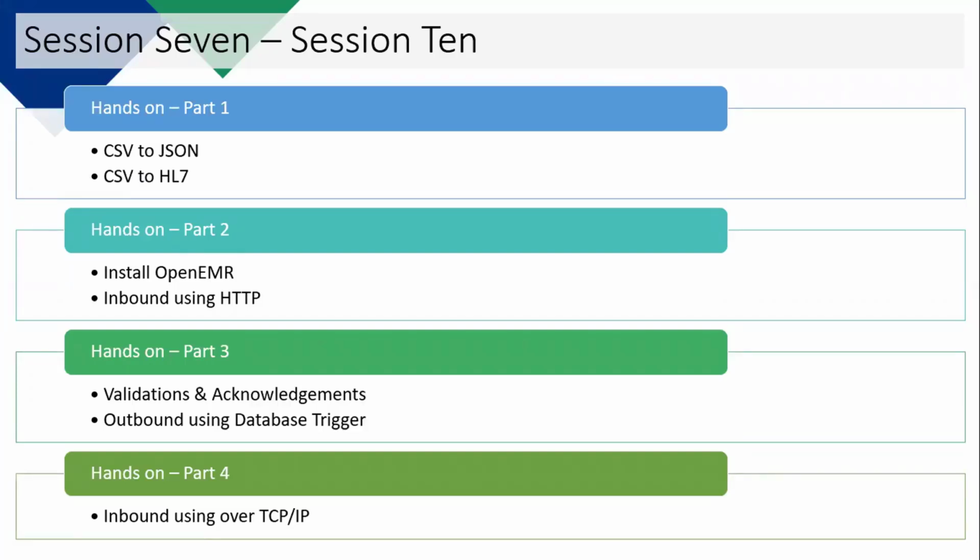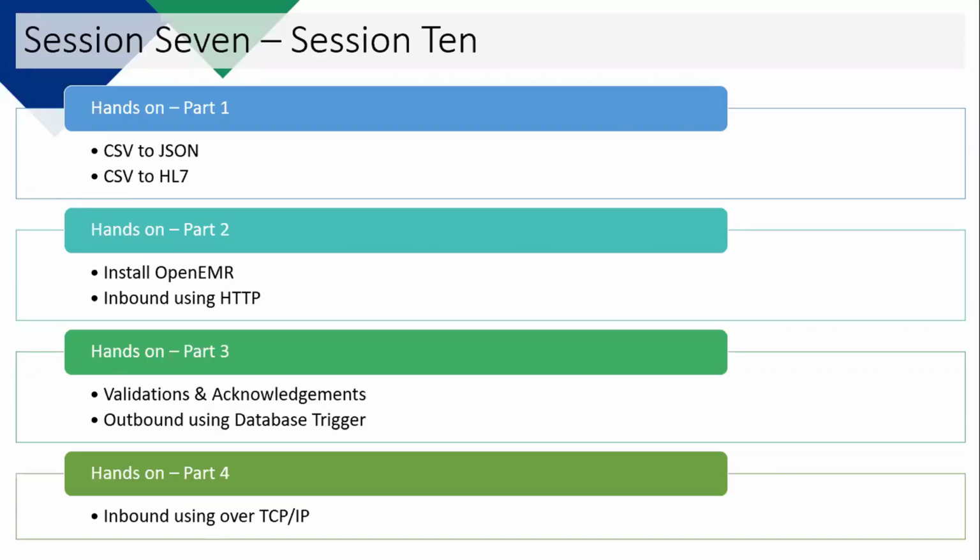We will be using OpenEMR. We are going to create a lab order. When we create a lab order, the expectation is that it gets generated and stored in a particular file. Now your source becomes a database, whereas your destination is a file. And whatever the content that is there becomes an HL7 message.